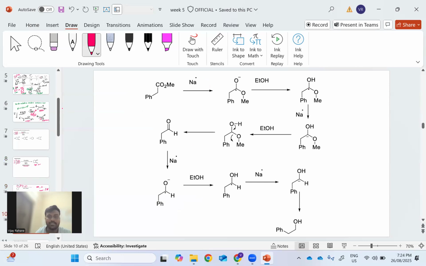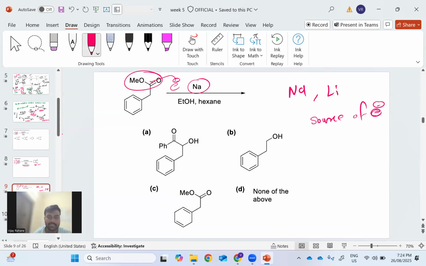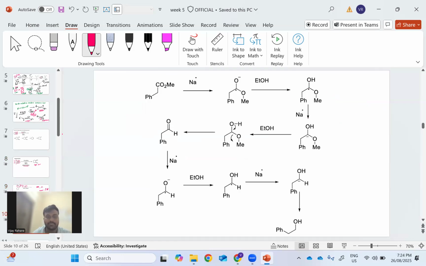So I will directly go by mechanism. In this case, you can see I just draw this entire phenyl group as a short form Ph, and we have the carbonyl group. So CH2Ph. When this sodium transfers the electron to this one, at which center does this electron transfer? At this carbon center, right? And this OMe will remain the same.